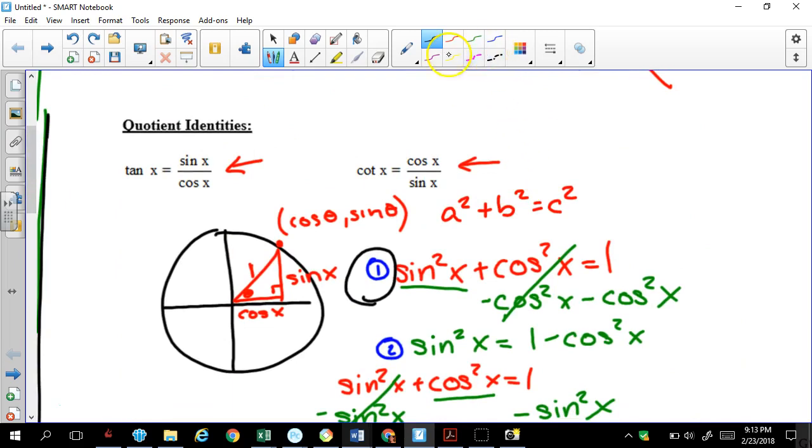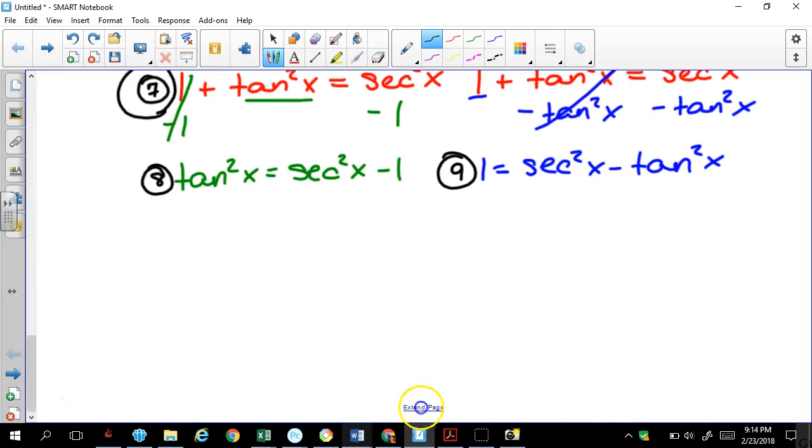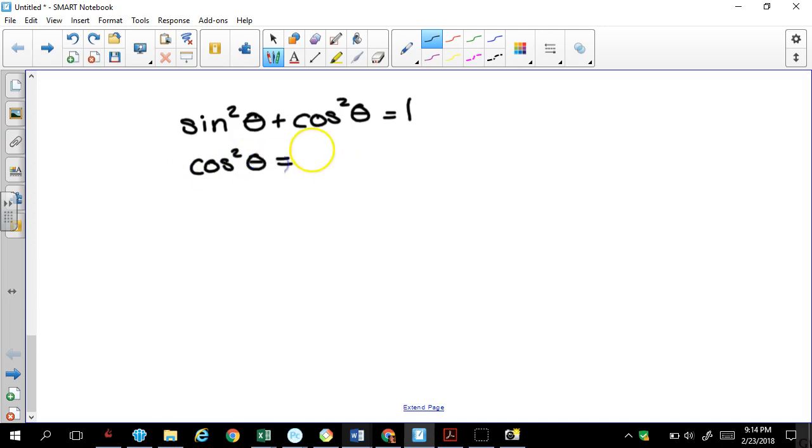You have to know that on your tests, quizzes, final, performance final, SPG. The only ones that you'll be given look like this: sine squared theta plus cosine squared theta equals 1. And you'll be given cosine squared theta equals 1 minus sine squared theta, and sine squared theta equals 1 minus cosine squared theta.